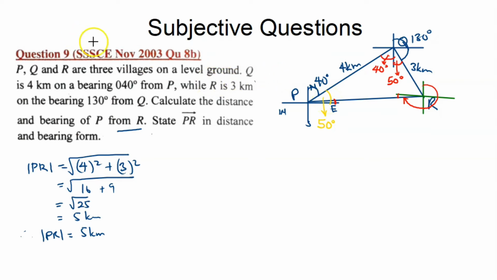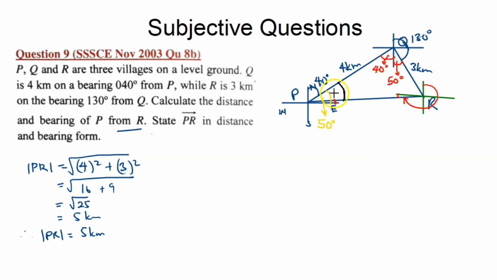So we need to look out for the angle subtended by QPR on the line QR. So we have to look out for this angle. Let me use a black marker to show. We need to look out for the total angle here. So we are finding angle QPR.